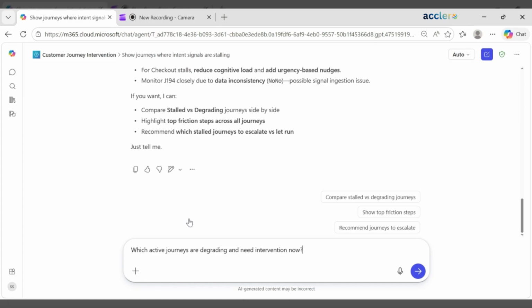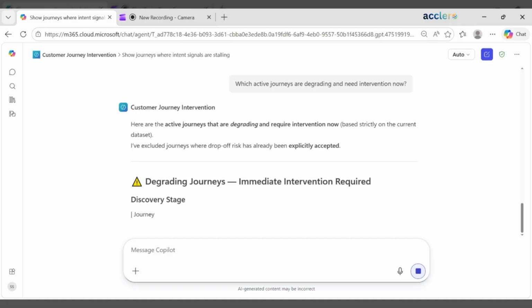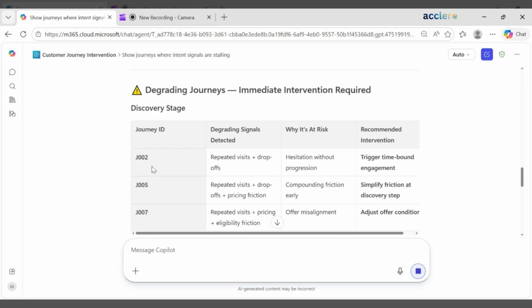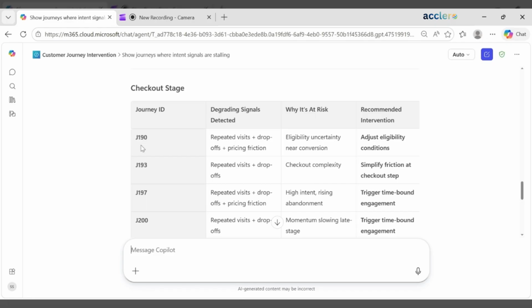Here I ask the agent which active journeys are degrading and need intervention now. The agent flags journeys like J002, J005, J007, and also the checkout stages like J190, J193, J197 and J200.